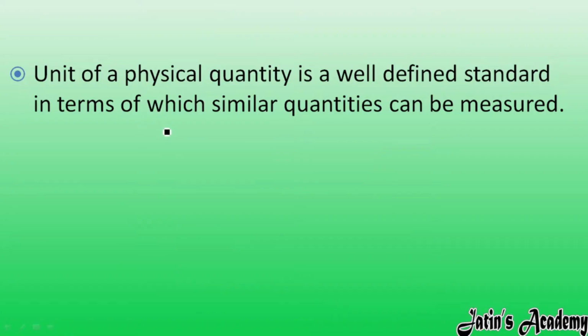Unit. In order to measure something, it is very important to use some kind of unit. If I say the mass of an apple is 5, 5 what? 5 gram, 5 kilogram, 5 minute, or 5 second? So here I'm using some kind of units.